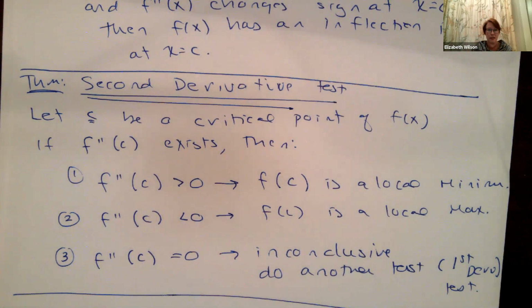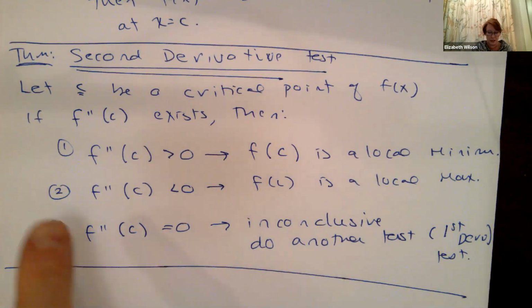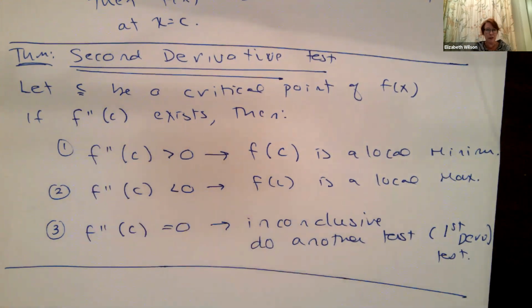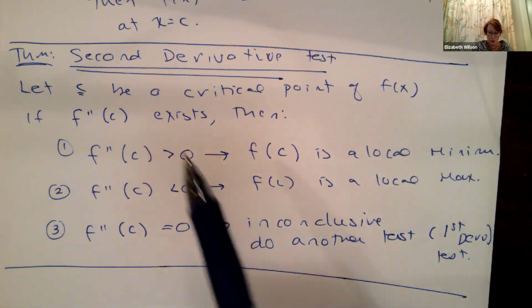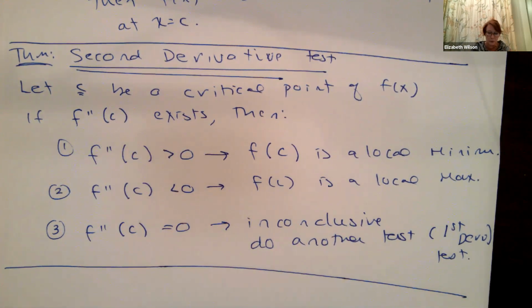Okay, so we did the second derivative test. Excuse me, I see, this is the test for inflections. I'm sorry, I'm looking at the test for inflections. The test for inflections is where our second derivative is equal to 0.